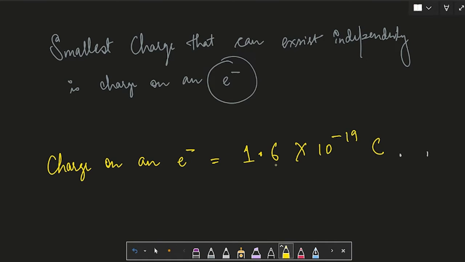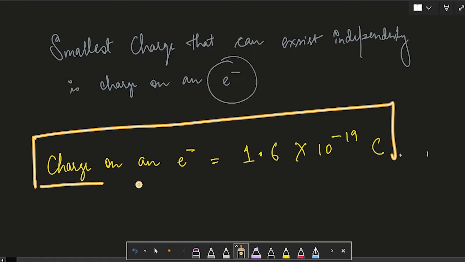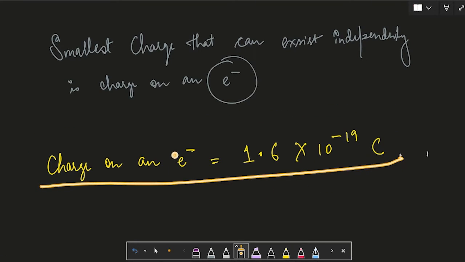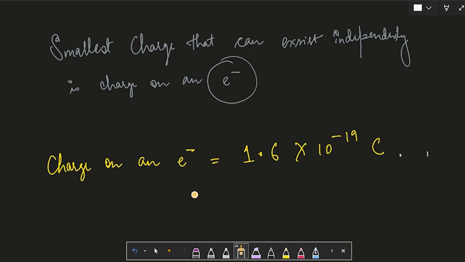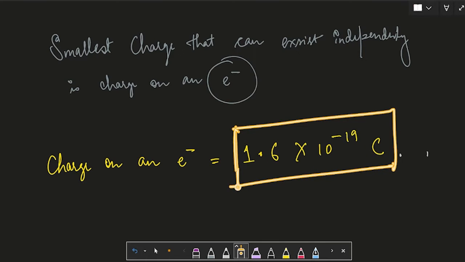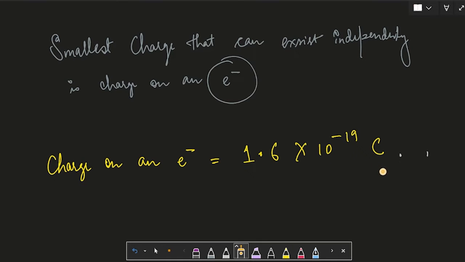This is something we already know, but it is very important to remember. This is a fundamental thing of this chapter. What is the fundamental charge? It is the smallest charge that is possible or that can exist in this universe, and it has a fundamental value that is experimentally taken out. And you just got to remember this because it's 1.6 into 10 to the power minus 19 coulomb.